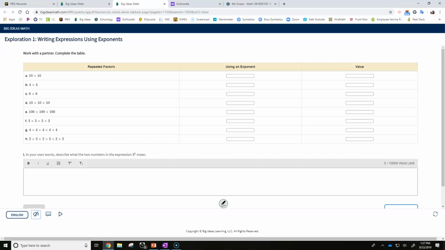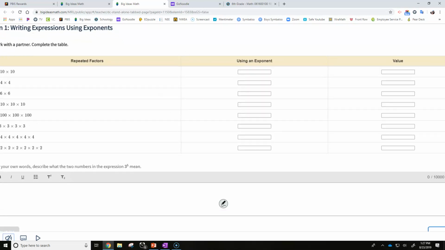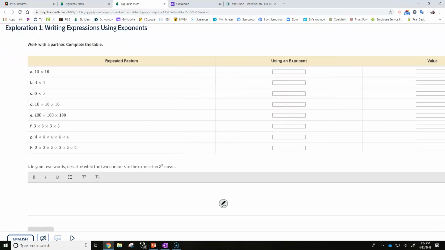Now, before you do, I'm going to pull up a couple parts. First thing, it says repeated factors. What's the word repeated mean? Alex, what's it mean? It just continues. Yeah, to repeat itself, to continue over and over, right?